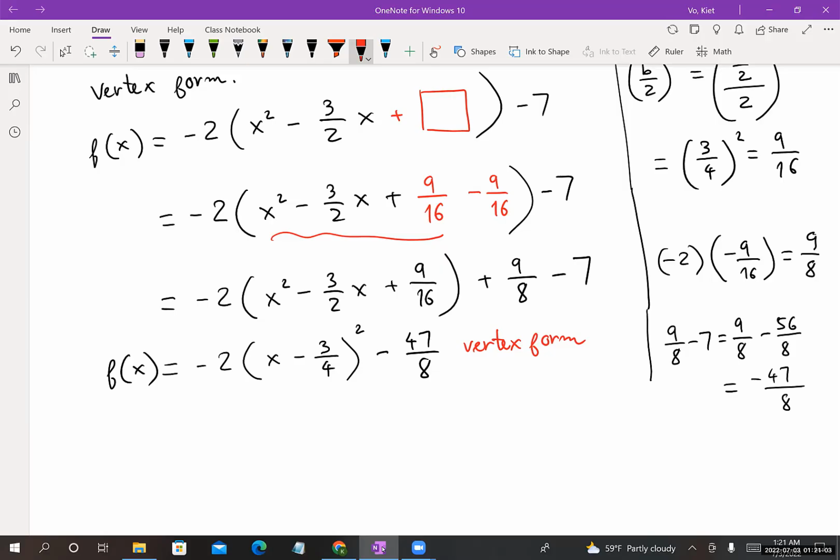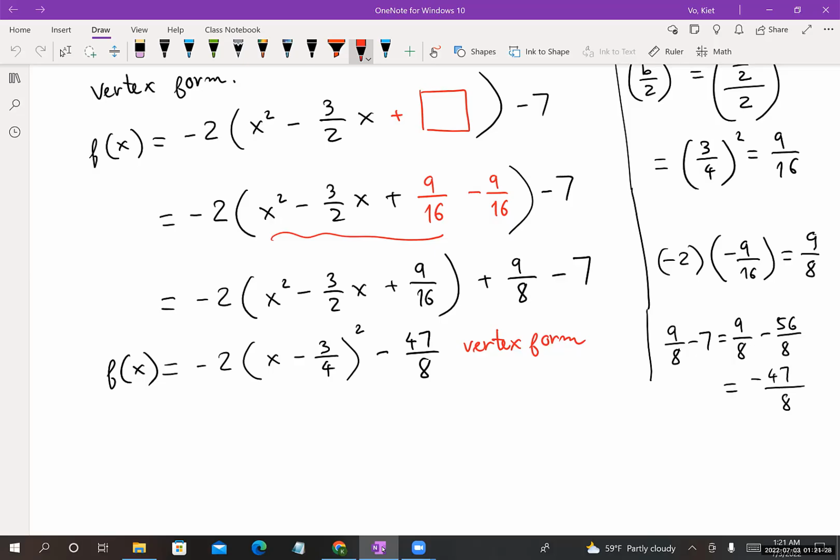Now you might be wondering, what's the point of doing this if we can just find the vertex by taking negative b over 2a to get the x coordinate and then just plug in that value into the function in order to get the y coordinate of the vertex. Yes, you can always find the vertex that way.